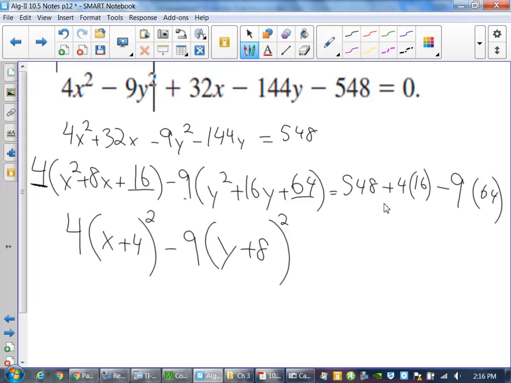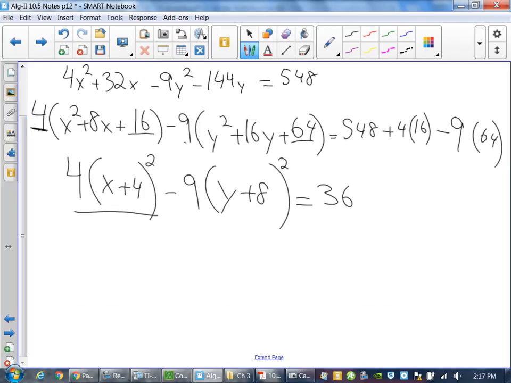So now I've created two perfect squares on the left, and I got to figure out what all that junk on the right equals. It's 36. Thank you. So now I have to get that side equal to 1. I divide everything by 36. Again, see how this is very procedural?